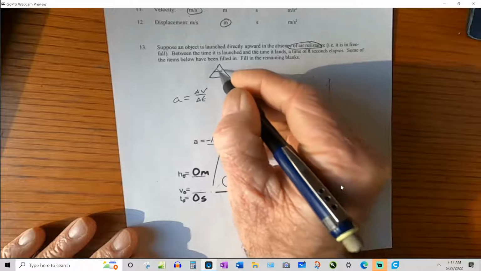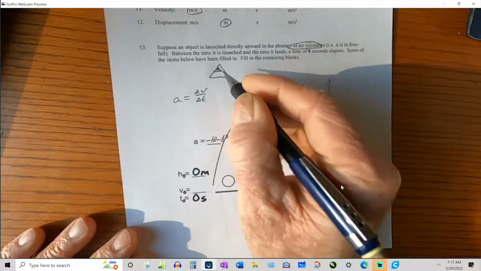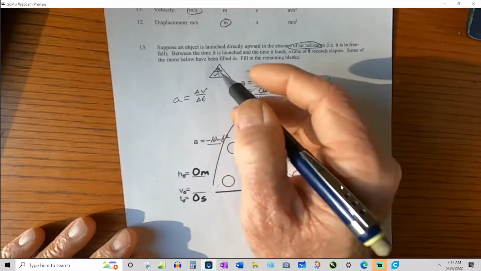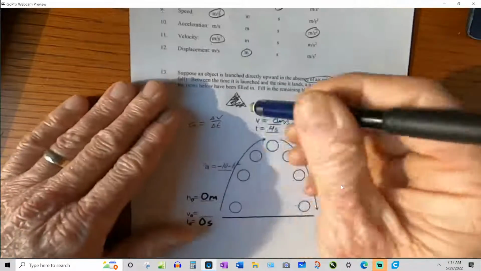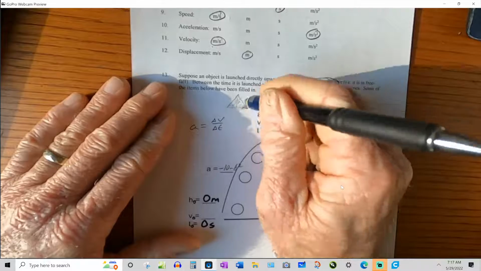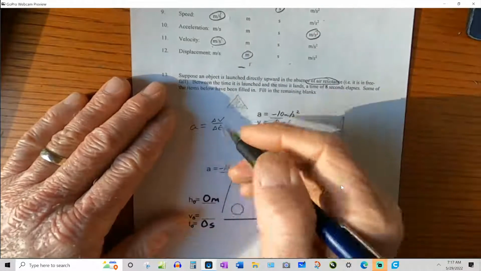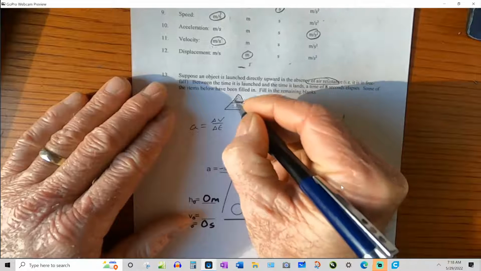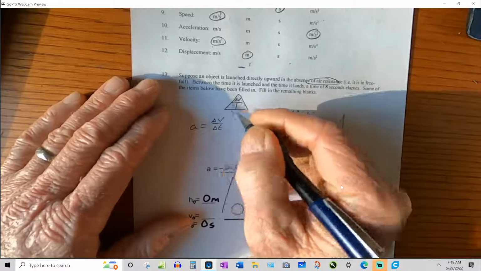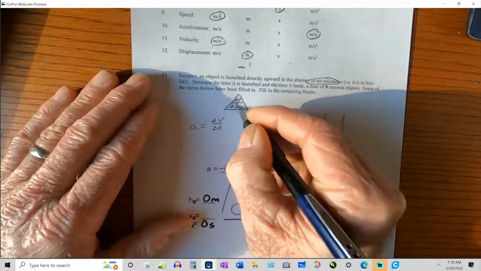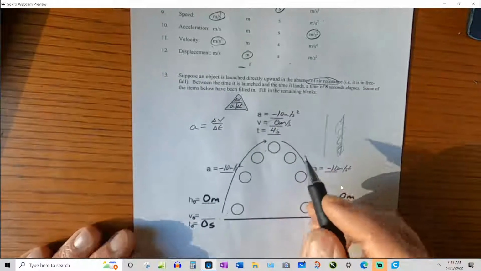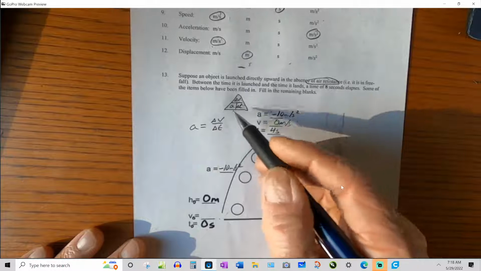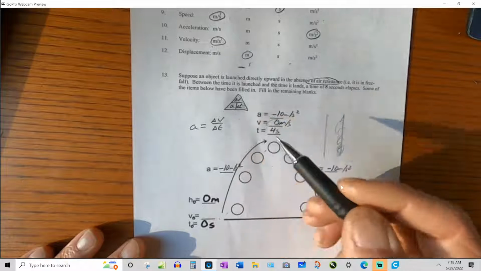So v is on top in this case. Delta v is a times delta t. So if I'm looking for delta v, I can just multiply a times delta t.